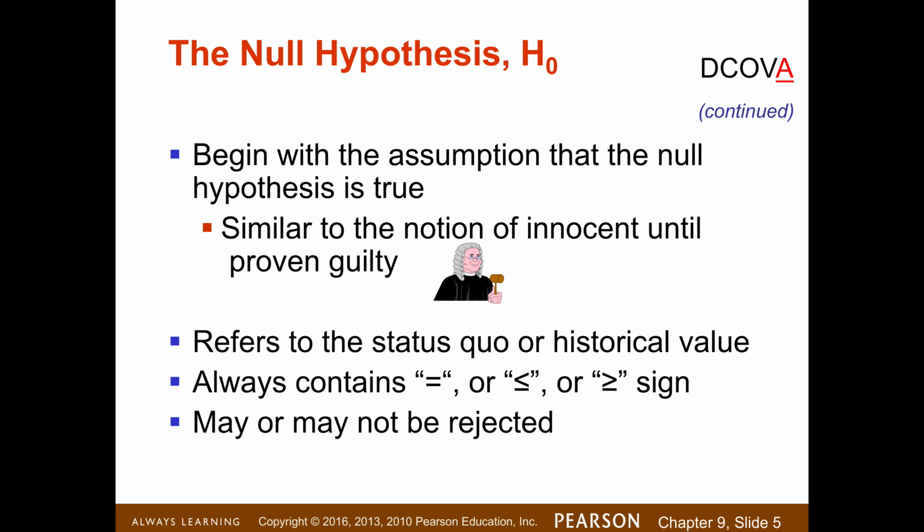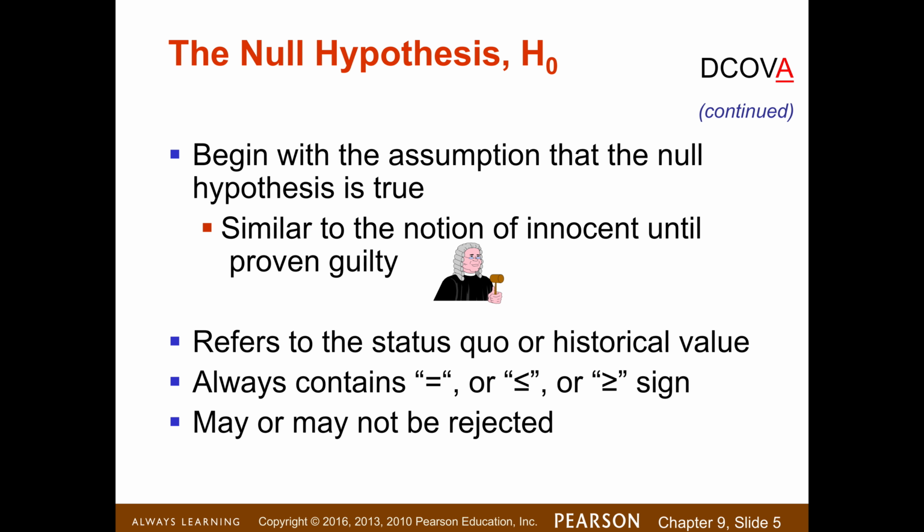So guys, the null hypothesis deals with the status quo or the historical value. It always contains either equal to, less than or equal to, or greater than or equal to. Now, I'm not a big fan of this null hypothesis being anything other than equal to, but this book, and rightfully so, there's nothing wrong with it, it's logically sound. If it was, I wouldn't use it.